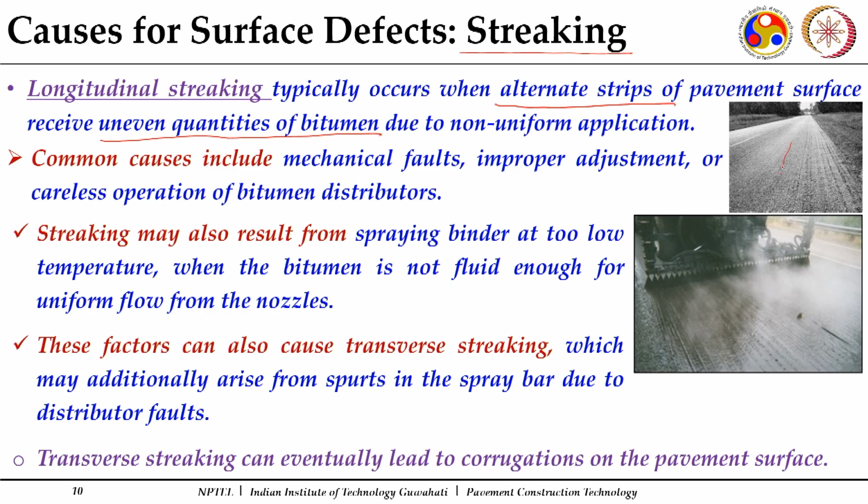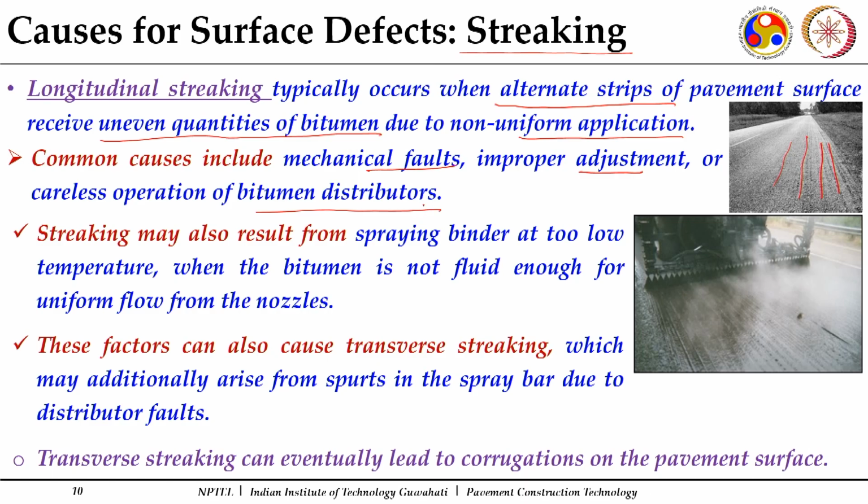So, you can say at certain portions you will find the binder is appearing more compared to the remaining part of the carriageway. That means a non-uniform application has been there. Usually the causes are mechanical faults, especially with your bitumen distributors: improper adjustment or careless operation of bitumen distributors.